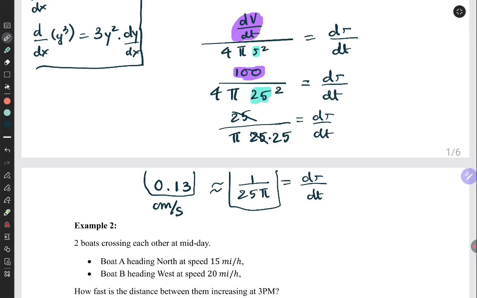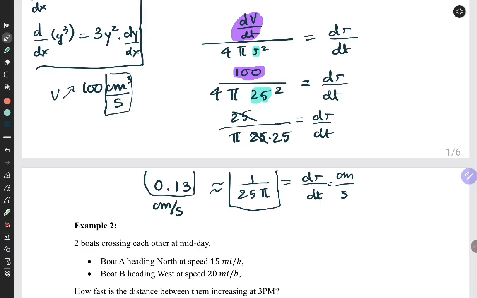Look at the question. I tell you the unit. Another way is over here: the radius over the second. Unit of radius, centimeter. Unit of time, second. That also tells you the unit. Exactly how you develop the volume: the volume increasing 100 centimeter cubed over second.